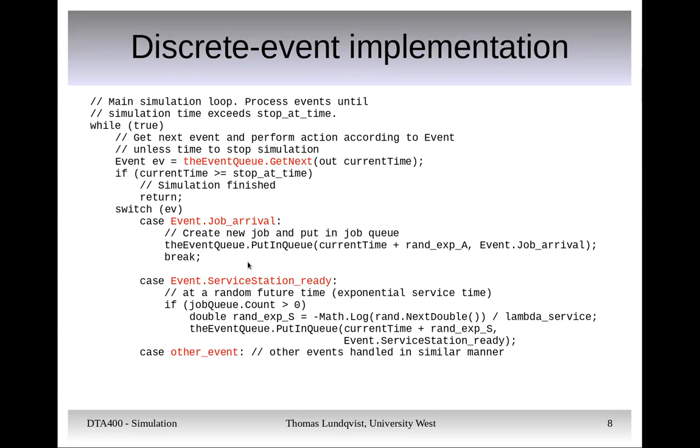Later in the course, we will take a look at the Python framework, where you actually have a more process-oriented or object-oriented way of describing what happens when an event arrives, when jobs arrive.